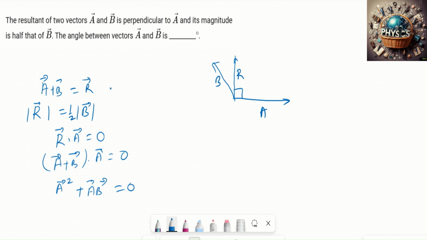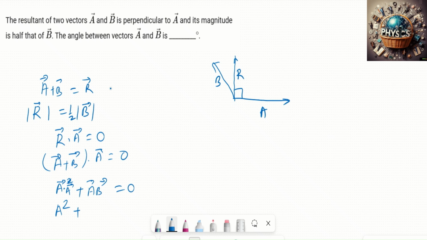A dot A is A cos 0 degree, so it is basically A square, plus AB cos theta, since A dot B is AB cos theta.